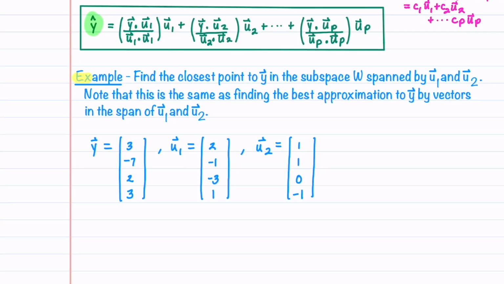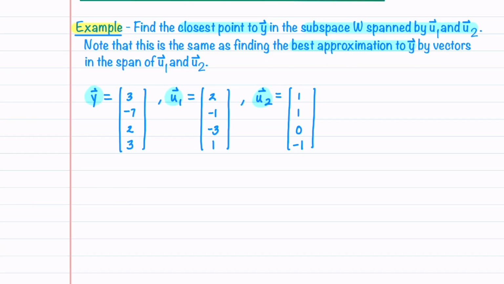Let's now walk through an example where we're going to find the closest point to vector y, there's our vector y, in the subspace W spanned by vectors u1 and u2. Note that this is the same thing as finding the best approximation to y by vectors in the span of u1 and u2. We're going to call the closest point to y, y hat, and it's given by this formula.